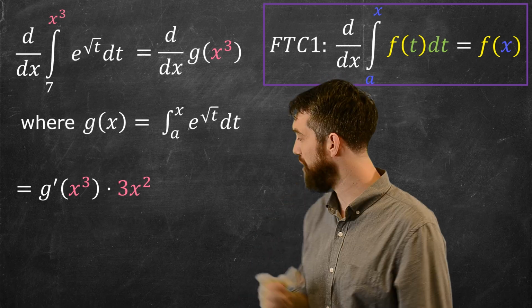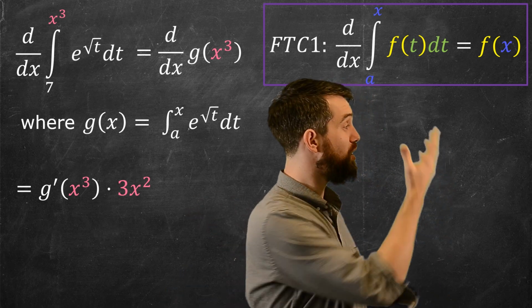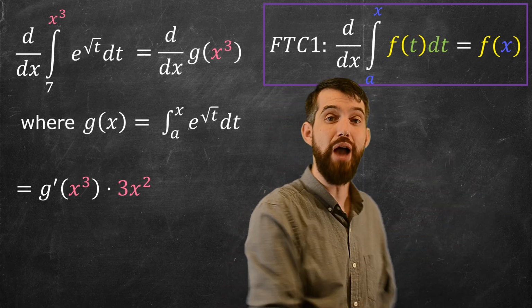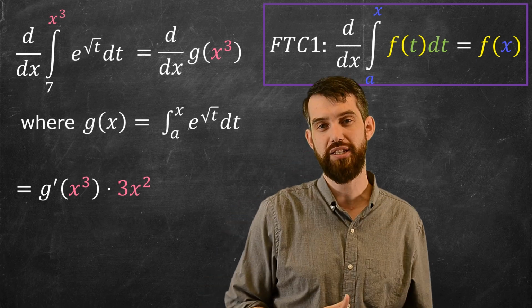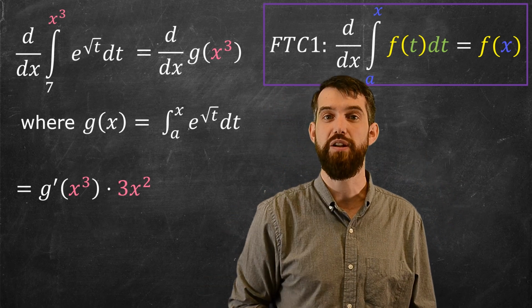And then final thing, how do I do g prime of x cubed? Well, the fundamental theorem of calculus tells us what to do with the g prime. So let's just do whatever the g prime is, and we're going to evaluate that at x cubed. We're going to compose that with x cubed. So g prime is just the same thing as f by the fundamental theorem of calculus.